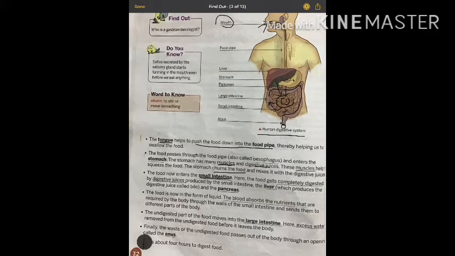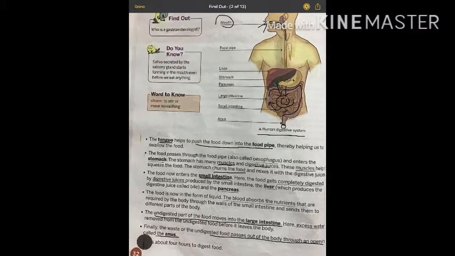Okay, and the remaining food after the nutrients are absorbed is thrown into the large intestine, and from the large intestine the undigested food passes out of the body through an opening called anus.